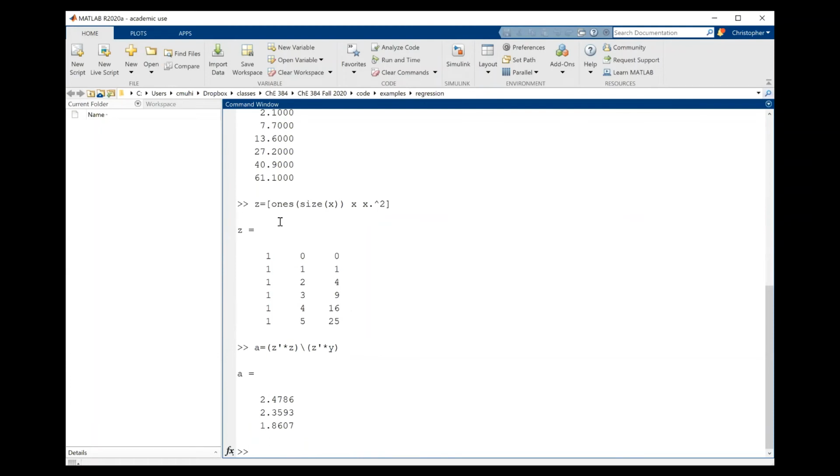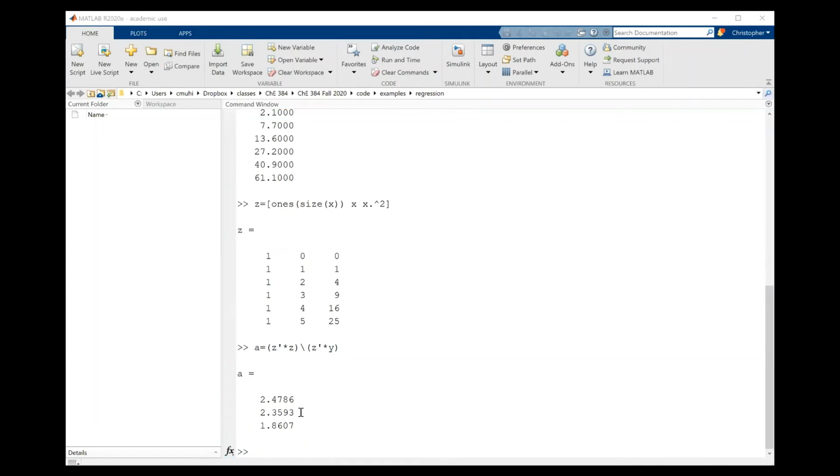Now when I hit enter, I now have my A equation. Right? So this is telling us that our overall equation for those points that we entered in was Y equals 2.4786 plus 2.3593x plus 1.8607x squared.